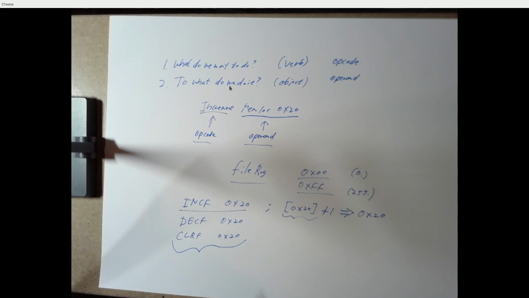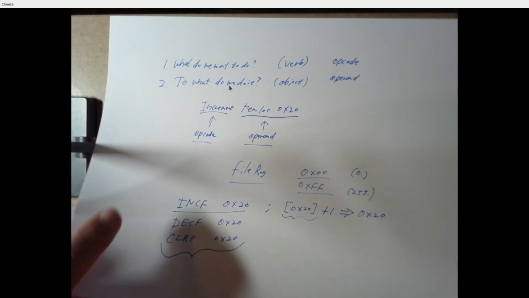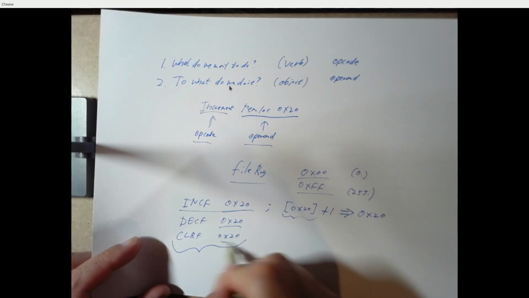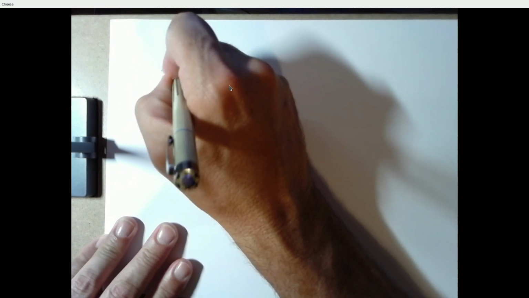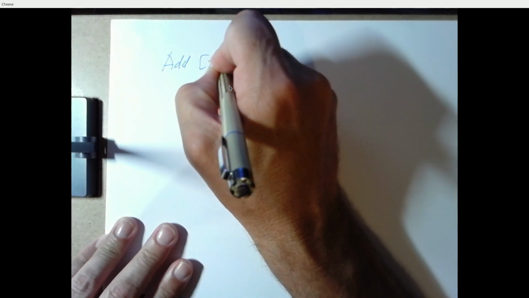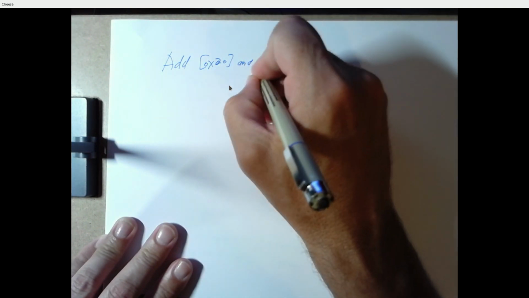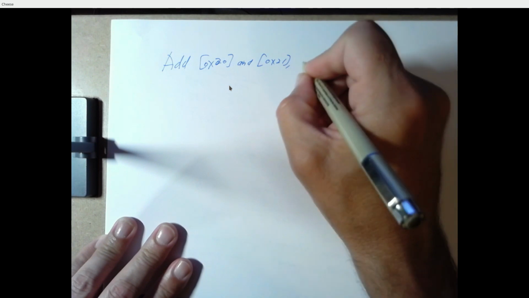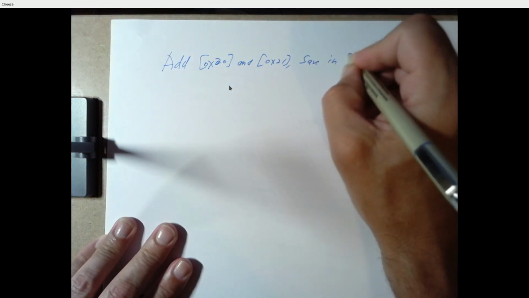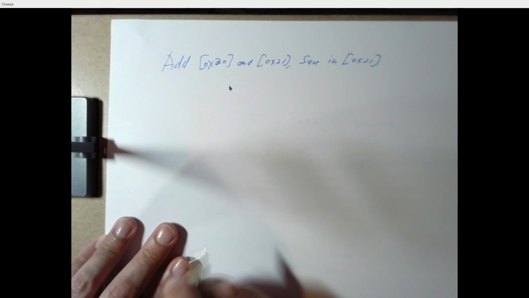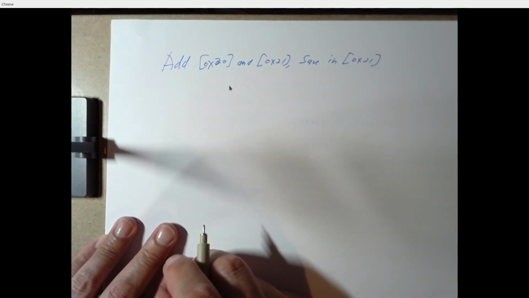Well, so far so good. But a lot of times what we're going to want to do is do something to more than one particular operand. For example, we might have 2 locations in memory, x20 and x21, and we want to say add the contents of memory location 20 and the contents of memory location 21 and save the sum back in memory location 21.